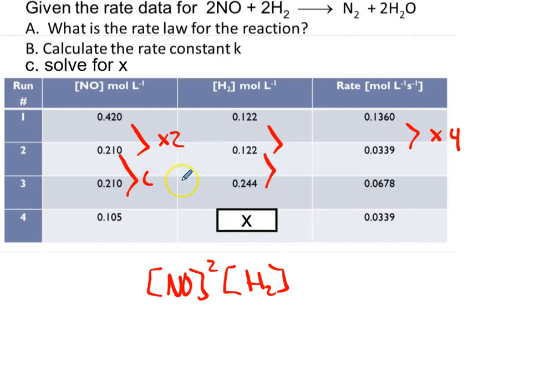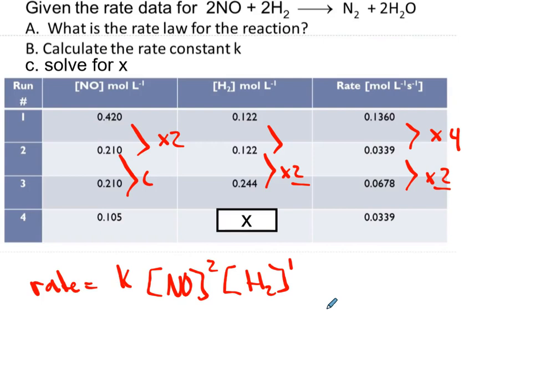This is times 2, and the rate is times 2. When the change is equal to the change in rate, your exponent is a 1. So now rate is equal to K times NO squared H2 to the first. I always look at it that way. Look at if it's halved, then it must have been to the second. That gets confusing. You can.